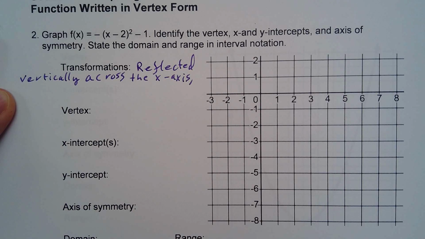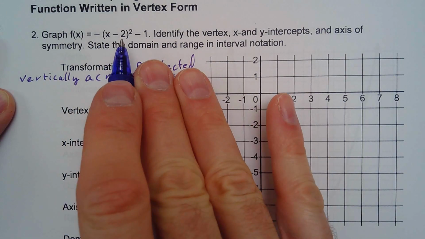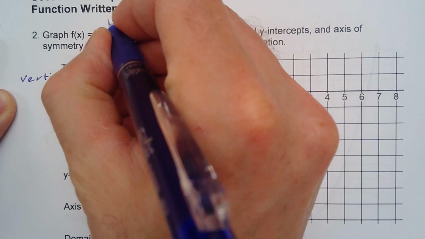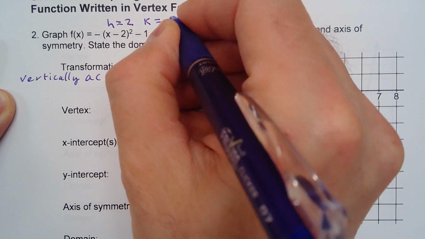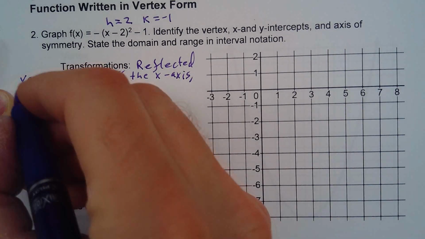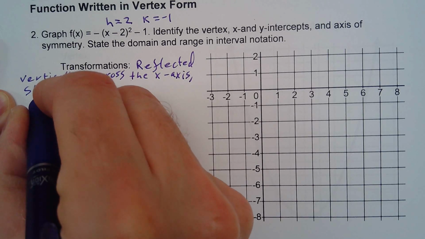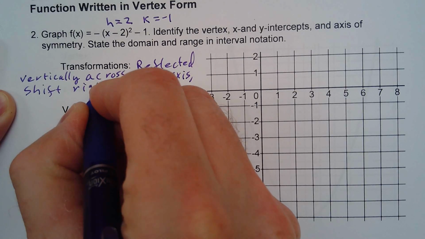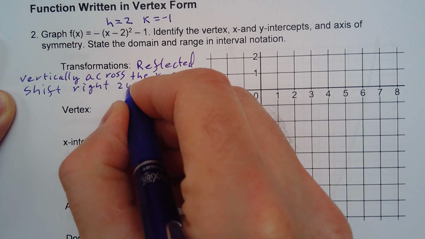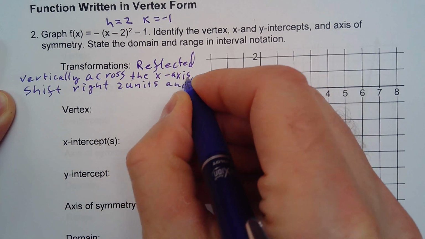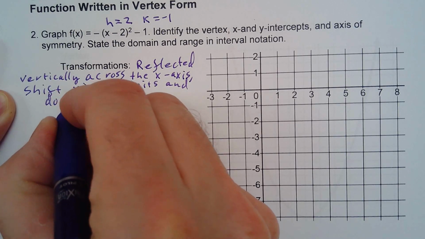And let's see, well, we have this negative 2, so my h here is 2, my k here is negative 1. So it's going to be shifted right 2, and down 1.